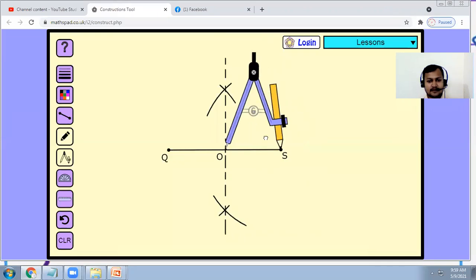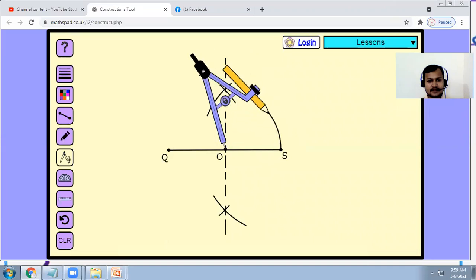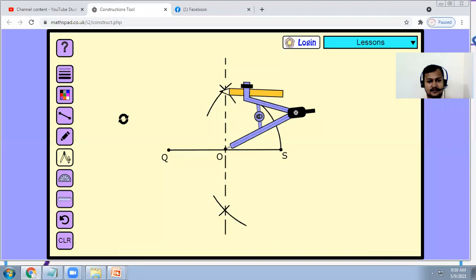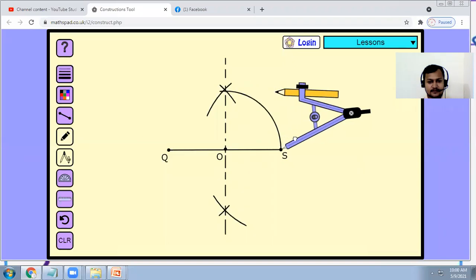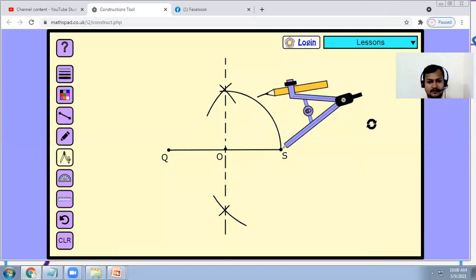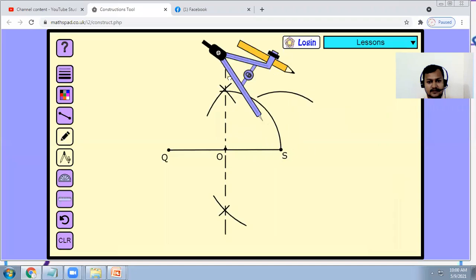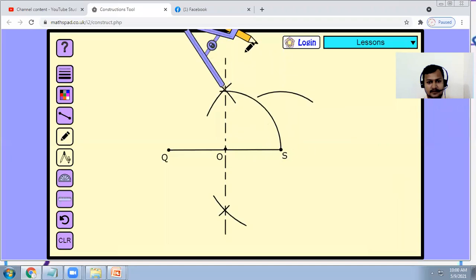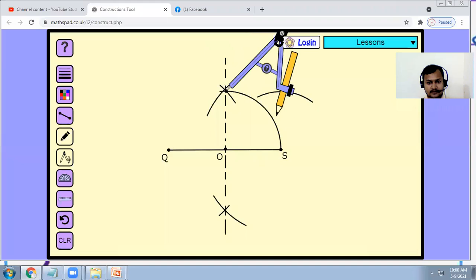And already we have an angle of 90 degrees. The 90 degree angle is already there. So we can get the bisector of it. If we take the bisector of 90 and 0, exactly it will be 45 degrees. Okay, so we have to draw this angle.